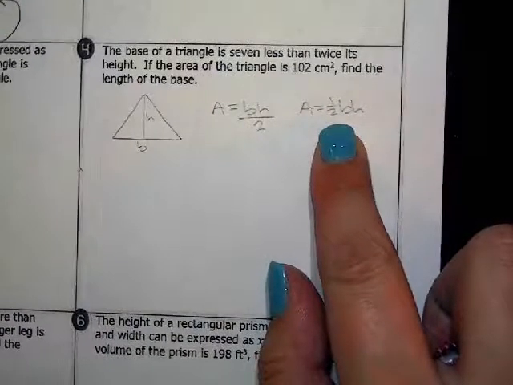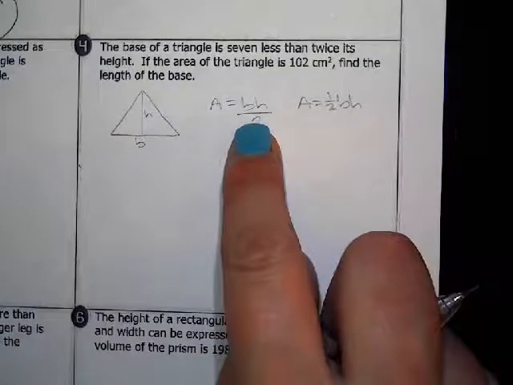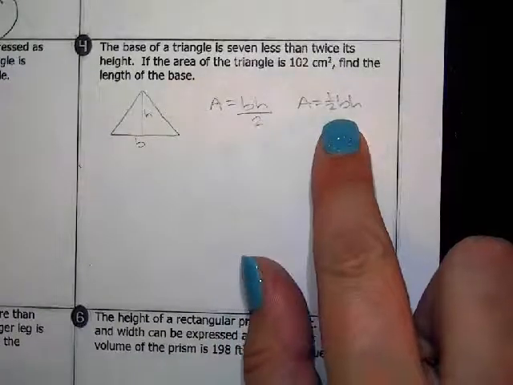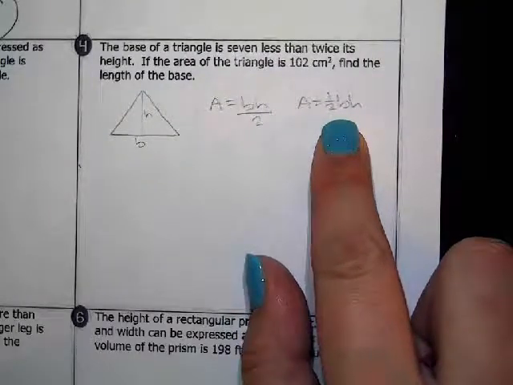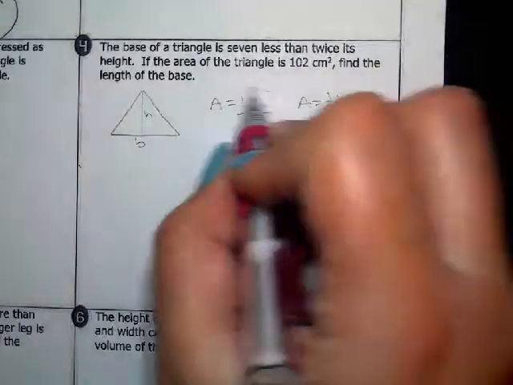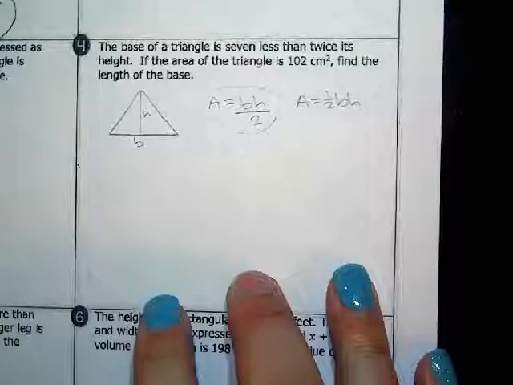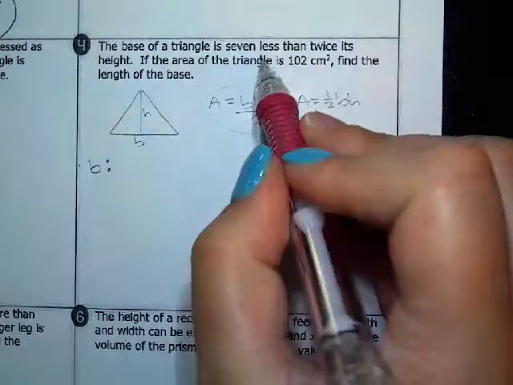Do you guys want to think of it as a problem where the whole thing is a fraction, or do you want to think of it as a problem that just has a fraction in front of it? The first one? Yes. Okay, so we're going to think of it this way. Okay. All right, so it says the base of the triangle is 7 less than twice the height.